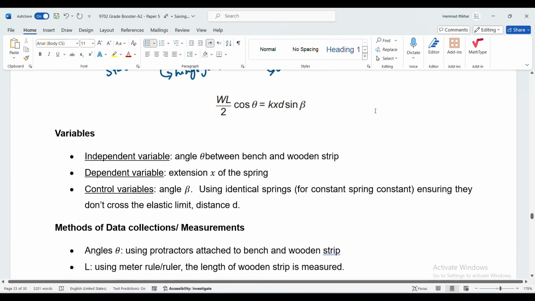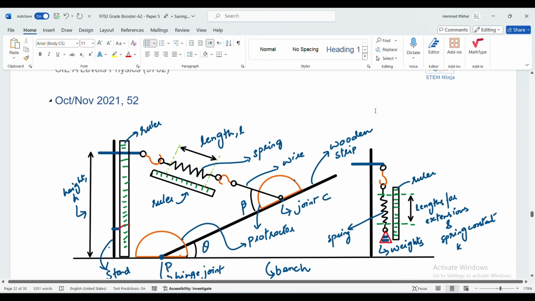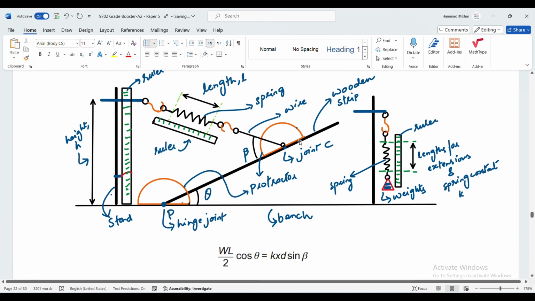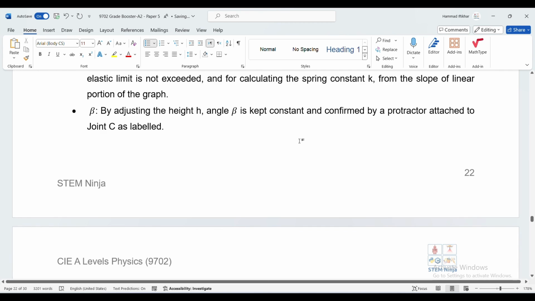Okay, so we have to talk about the D also. Sorry, my bad. D should be labeled from P to C, the distance between P and C.